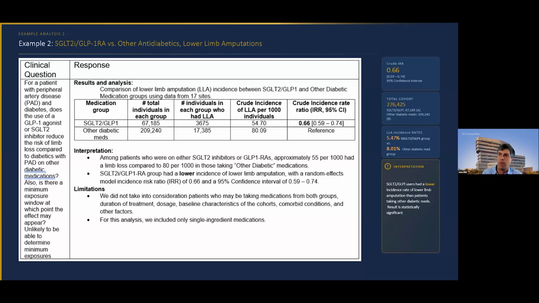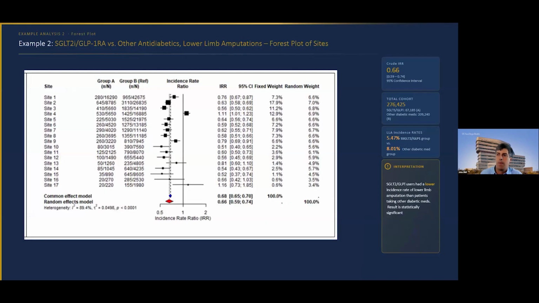And then in this one, we ran a forest plot, and that is shown here. Here you're able to see all the 17 sites that gave us data on all of the queries we ran in ENACT. We were able to look at the incidence ratio for each of those sites.